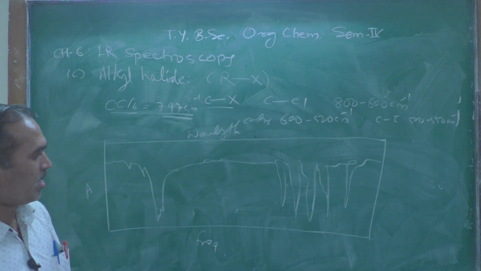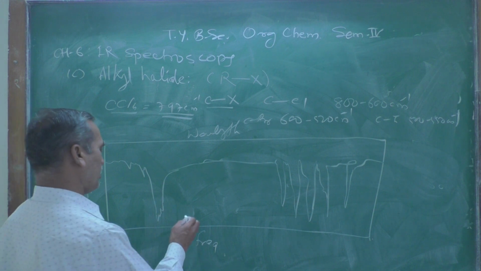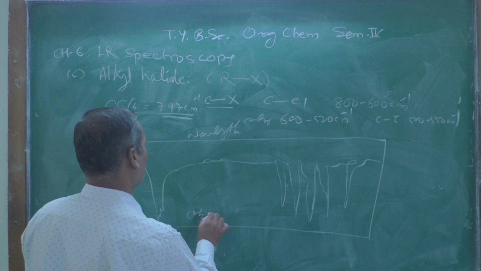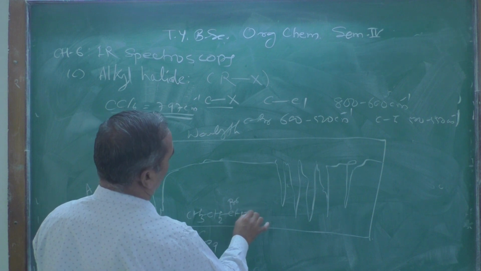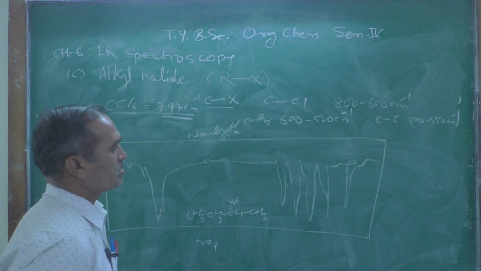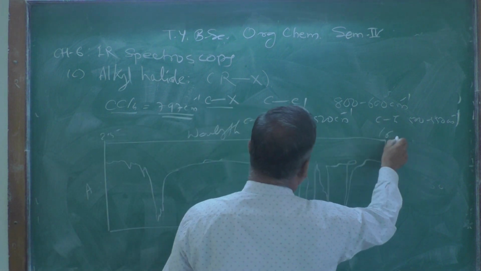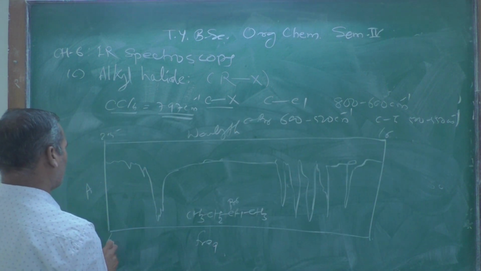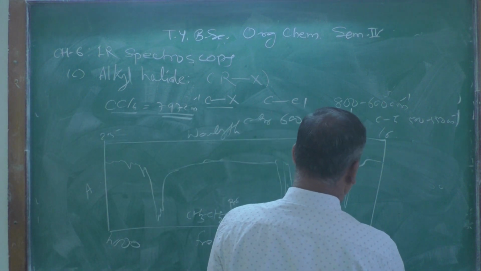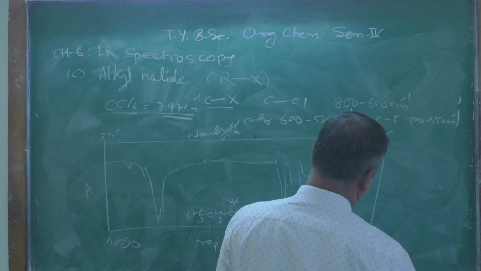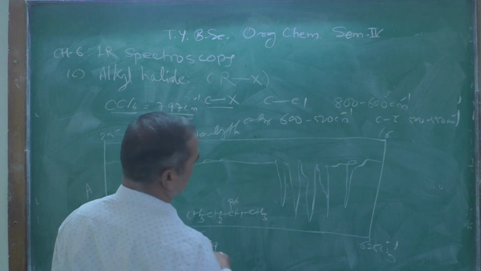This is an IR spectrum for 2-bromobutane, for example CH3, CH2, CH, Br and CH3. The spectrum runs from wavelength 2.5 to 16 micrometers, and the frequencies start from 4000 per centimeter to 625 per centimeter.